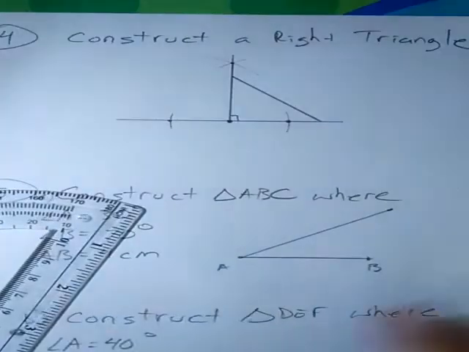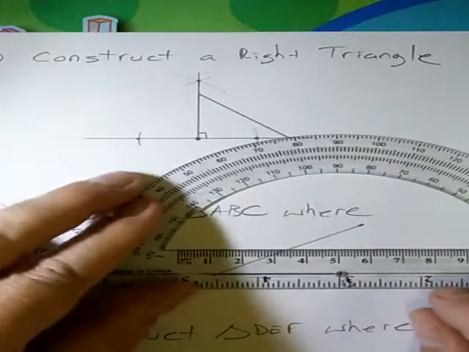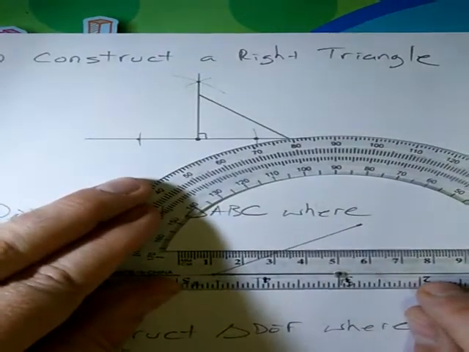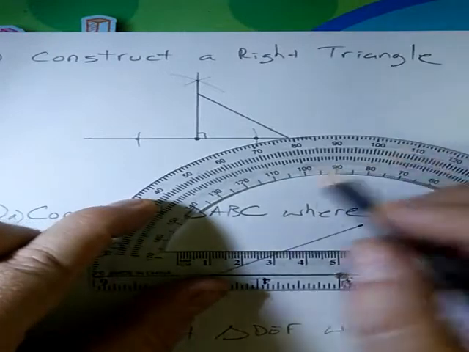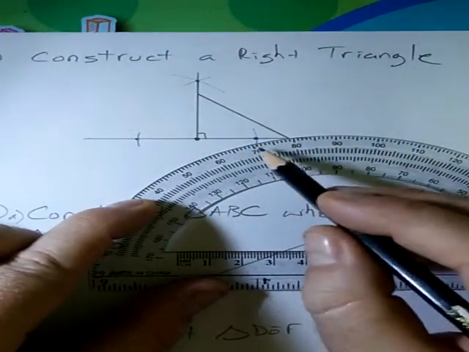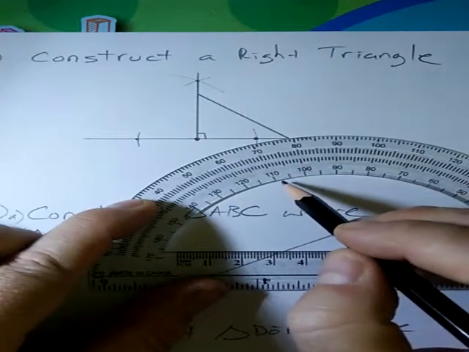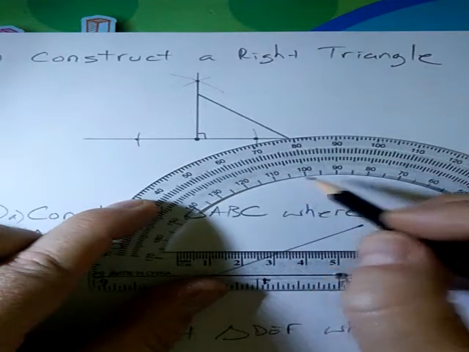Like so. B, angle B is 70 degrees. So again, I'm going to line up my protractor. The line is flat. Put a mark at 70 degrees. And now you see 70 degrees is on the outside, which would be 110 degrees on the inside.